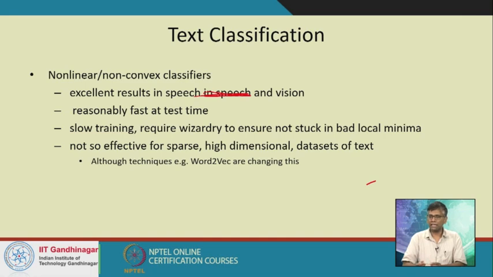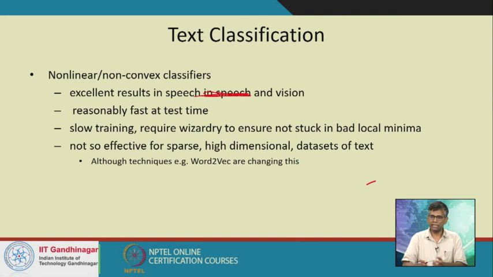Furthermore, it's not clear that a lot of these non-convex classifiers are very useful when the data is sparse and high dimensional, i.e. when the data comes from text. Although there are techniques like word2vec that are changing this, that are creating dense representations of very sparse documents and words, and thereby using it.